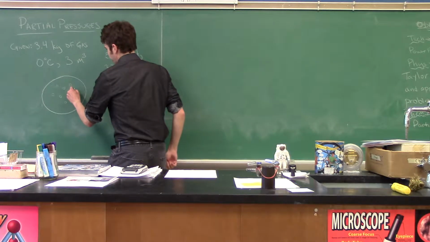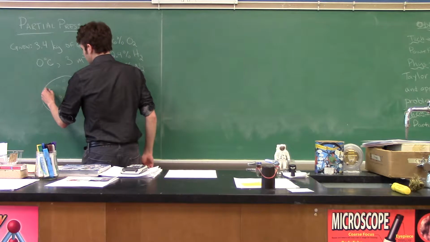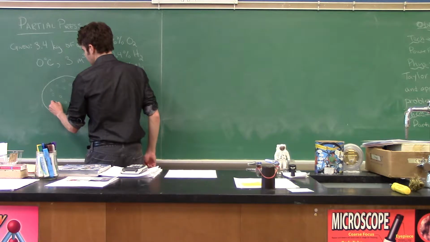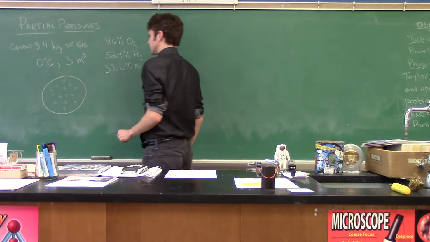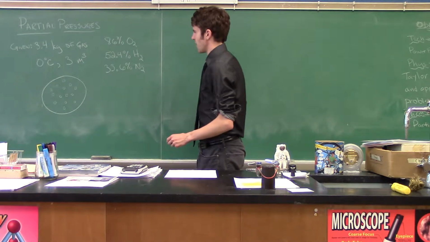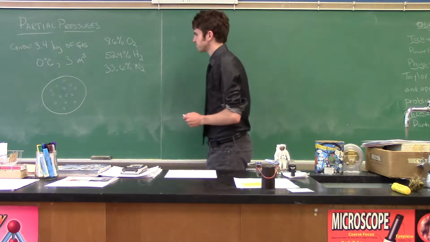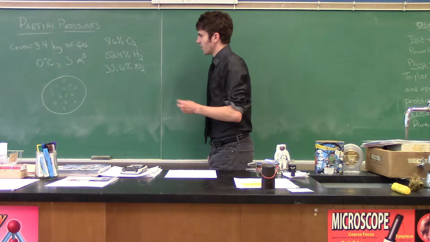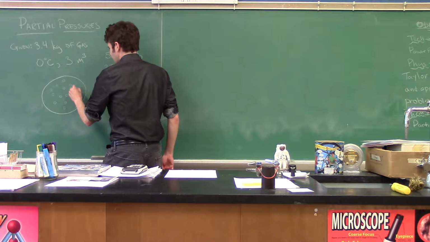So we have a slightly smaller amount of hydrogen. Number-wise, it might turn out to be more, but we're just looking at percents. All right, nitrogen, let's do little stars.